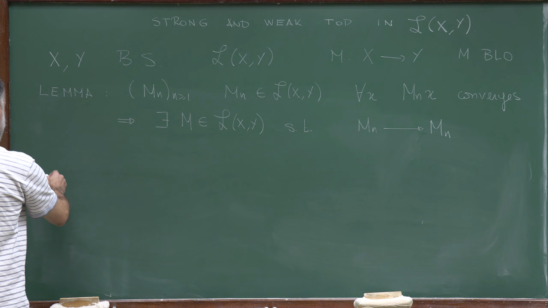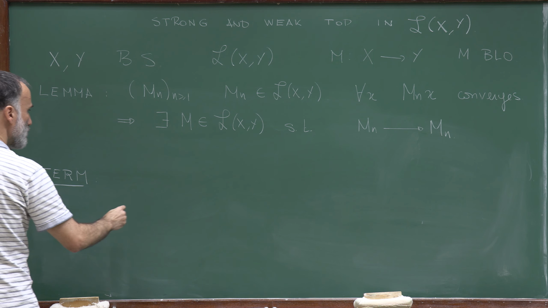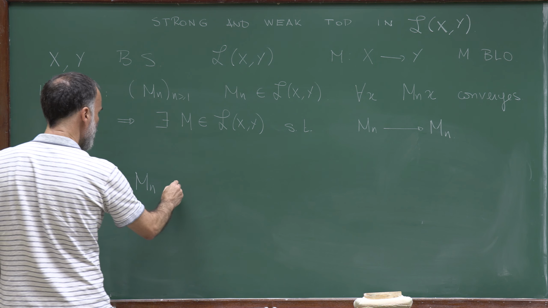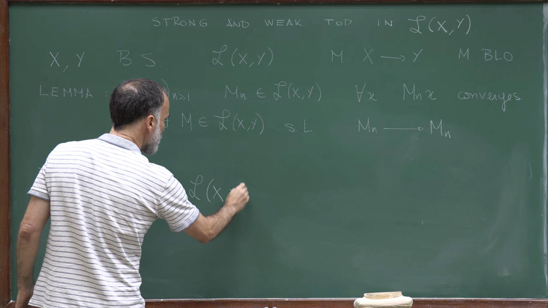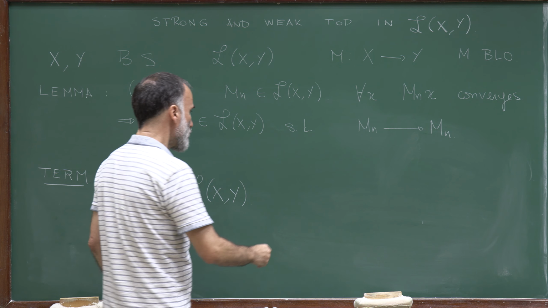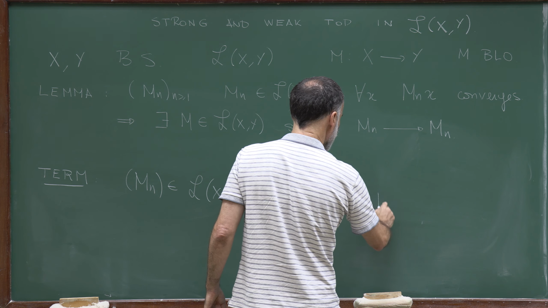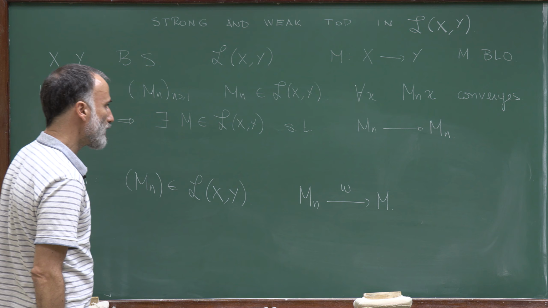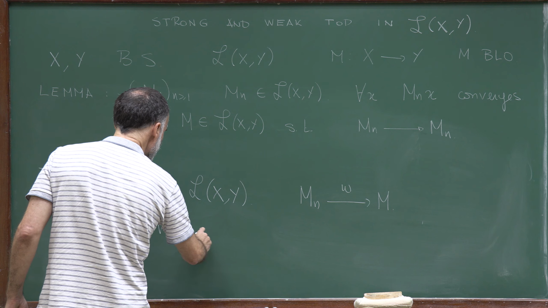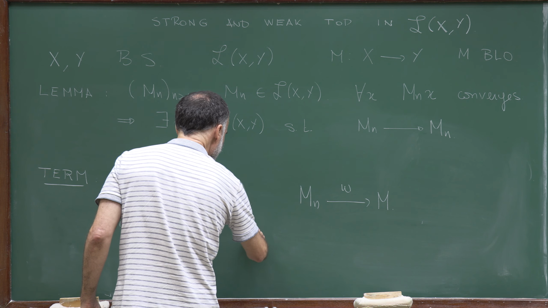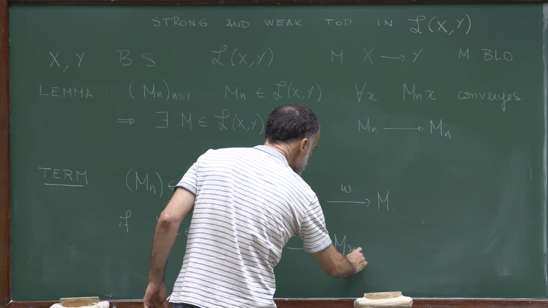Now let me introduce a new terminology. I would say that a sequence M_n of bounded linear operators from X to Y converges weakly to a bounded linear operator M if for all x in X, M_n x converges weakly to Mx.